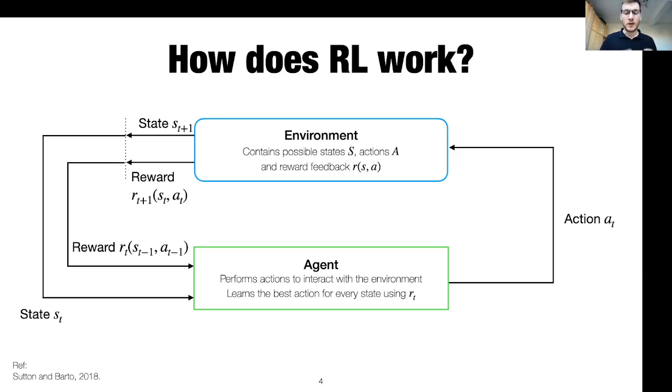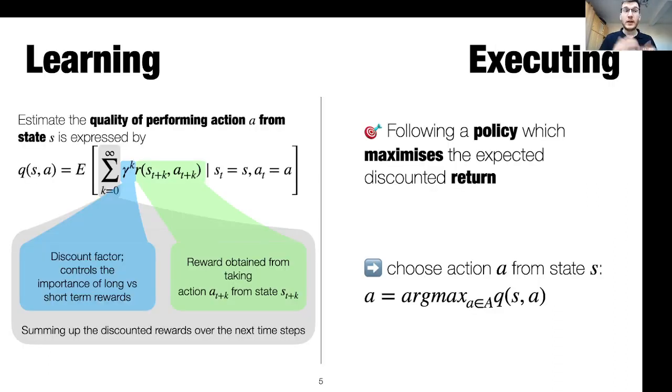So how does it go? The agent perceives the current state of the environment and decides to undertake an action. After the action has been performed, the environment will give a reward to the agent to say if it was good or bad. In the agent, we have two subparts, which are the learning and the execution.